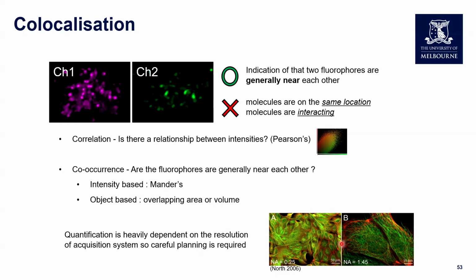Even if it is the same sample, in the low-res image we can end up measuring much higher colocalization, because each pixel ends up containing more information of the fields and they tend to overlap more. So it can actually misrepresent the true nature of the sample. So we have to plan very carefully.